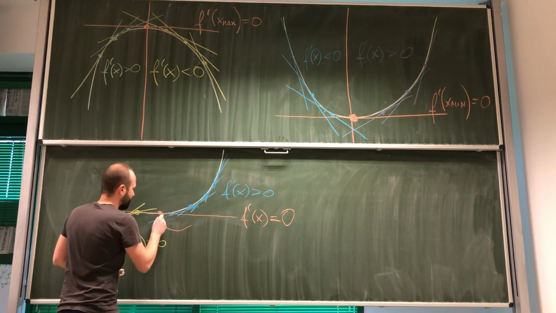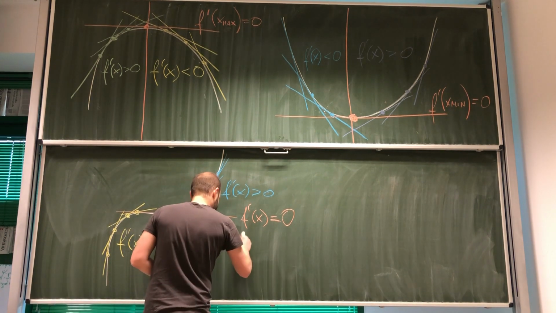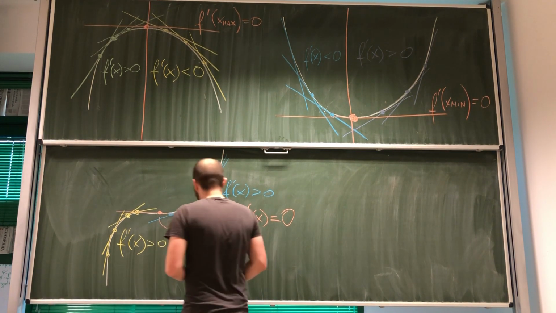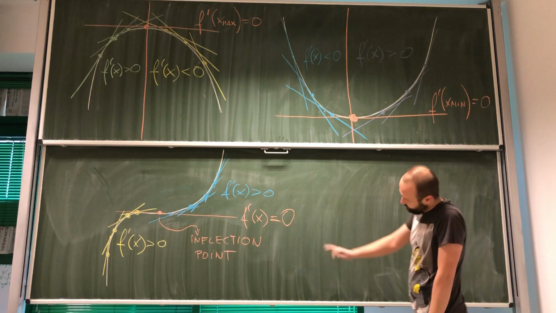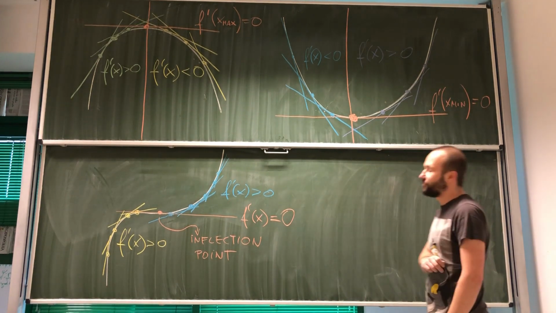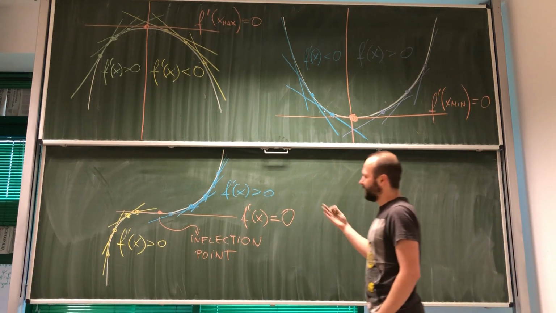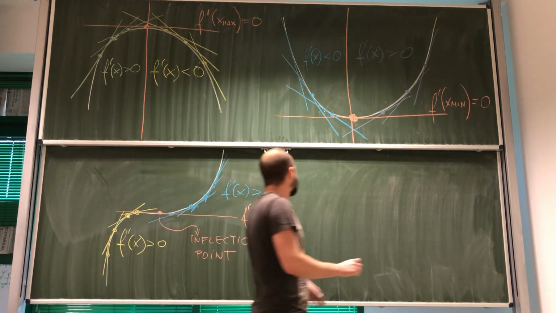This type of point we're going to call an inflection point. Look, by definition, an inflection point is a point at which the function changes its curvature from concave to convex or from convex to concave. But we're going to go back to this a little bit later when we will have more detailed information about this function. Let me just show you that, of course, the same can happen in the opposite direction, right?